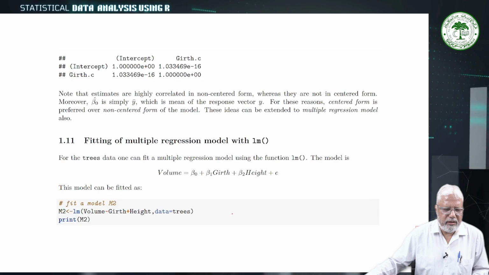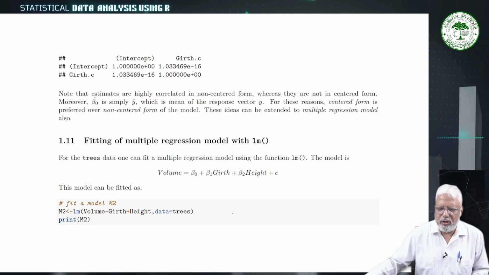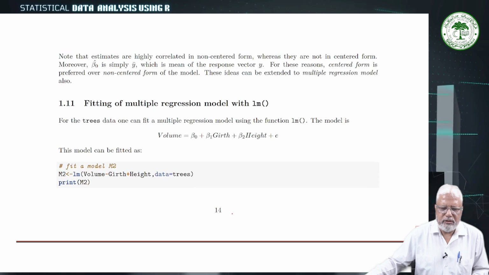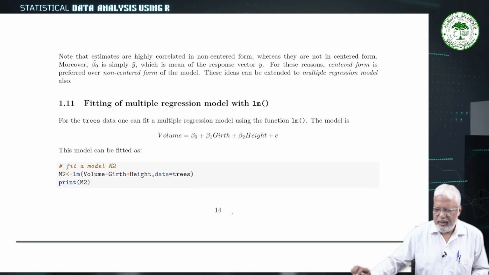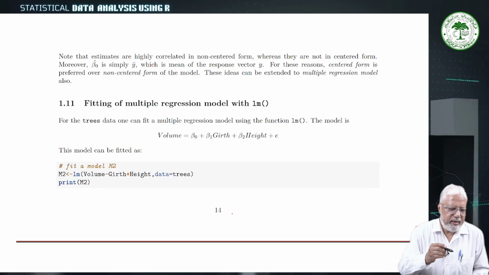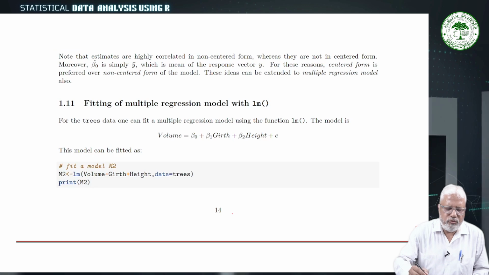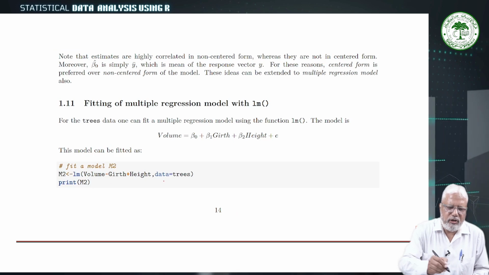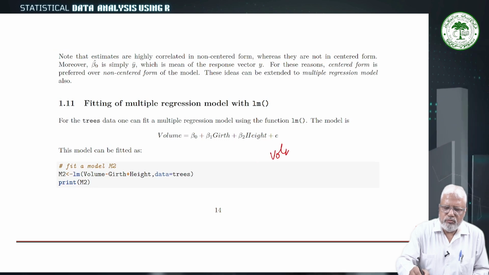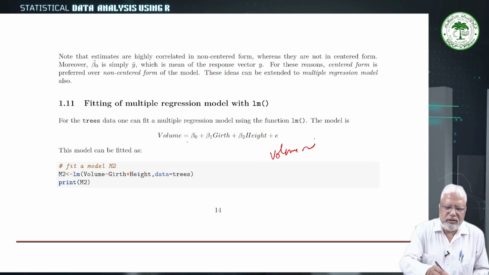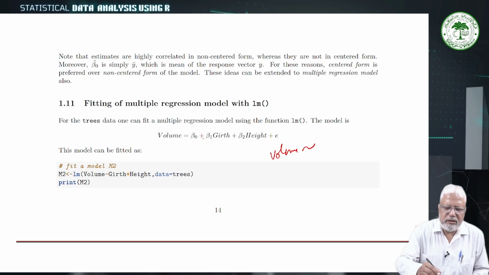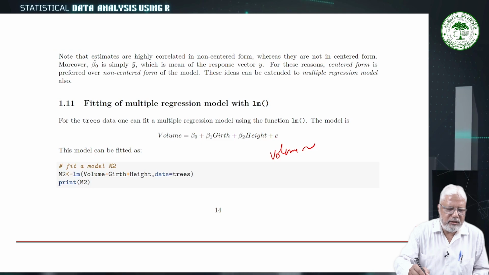For trees data, one can fit a multiple linear regression model using LM. The model is volume is equal to beta naught plus beta 1 girth plus beta 2 height, and see how we are translating it into a formula. The first argument is the formula argument: volume is modeled as, instead of equal to, it is modeled as, and beta naught is not written and epsilon is not written.